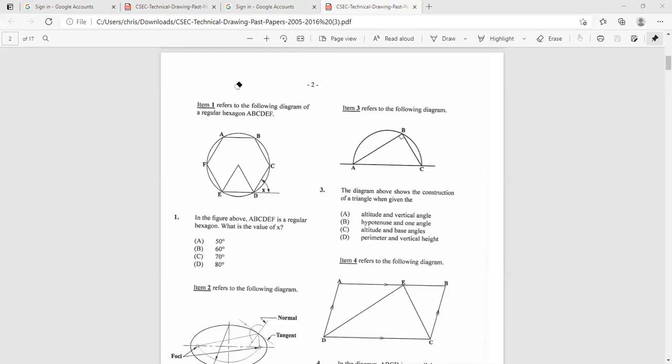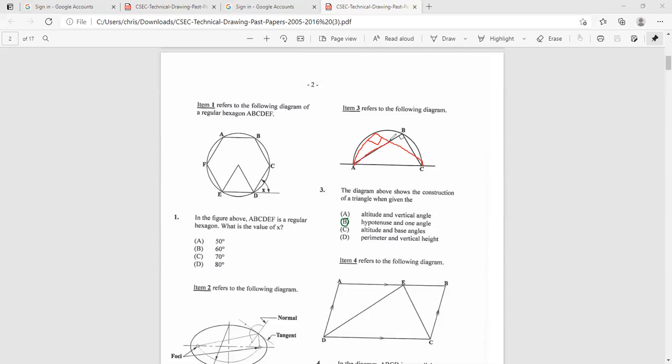It's important to note, so this is the correct response. Hypotenuse and one angle. It could be one angle or one side. All right. It's important to know that any triangle that is formed within a semicircle, the angle is always 90 degrees.